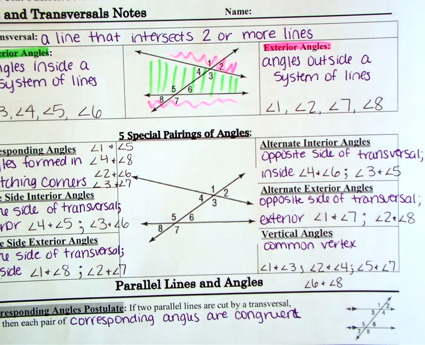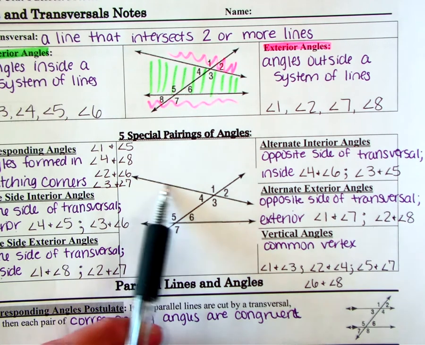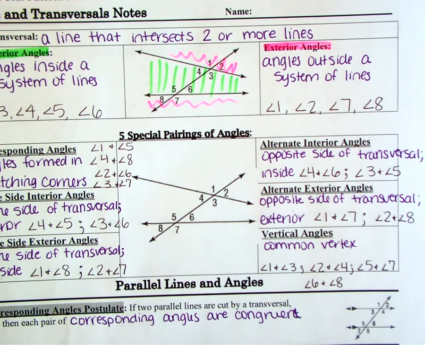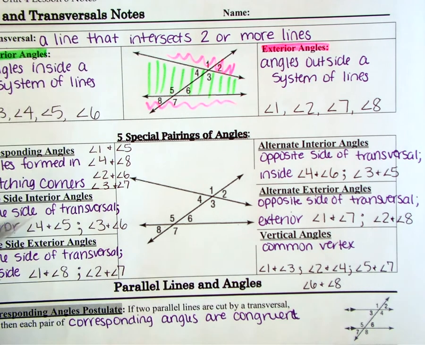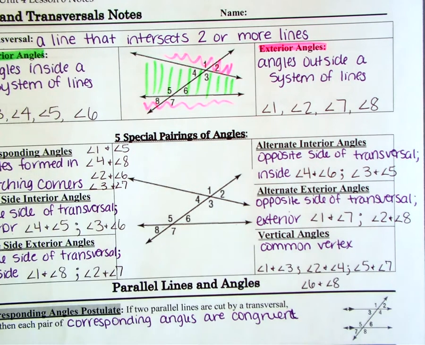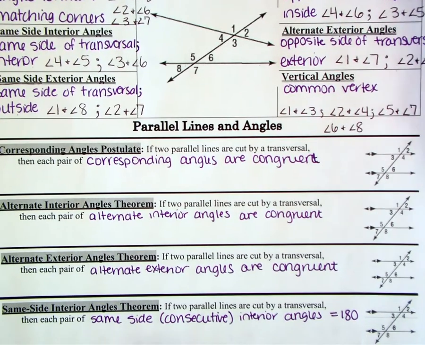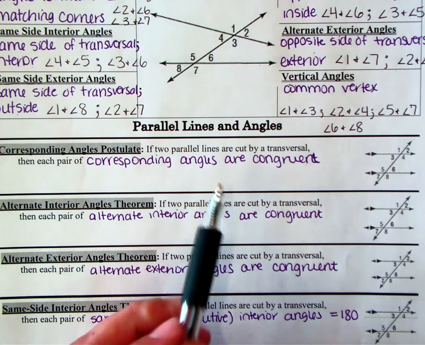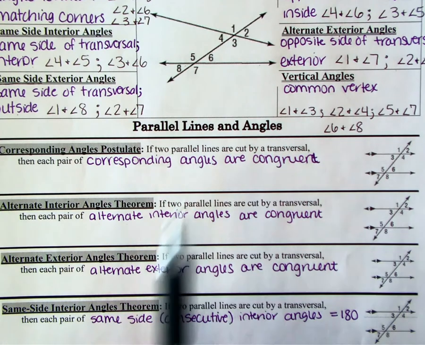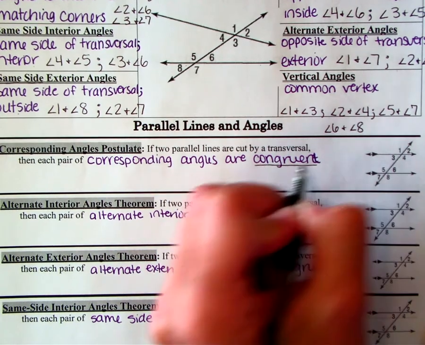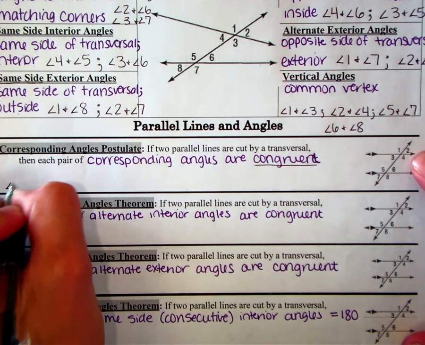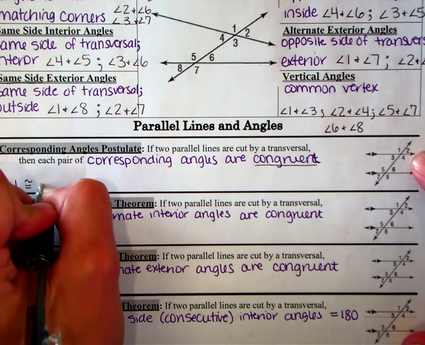So if these two lines right here had been parallel, those corresponding angles, same side interior, same side exterior, alternate interior, alternate exterior, and vertical angles have a relationship. With corresponding angles, if two parallel lines are cut by a transversal, then each pair of corresponding angles are congruent. So we can say that angle 1 is congruent to angle 5.